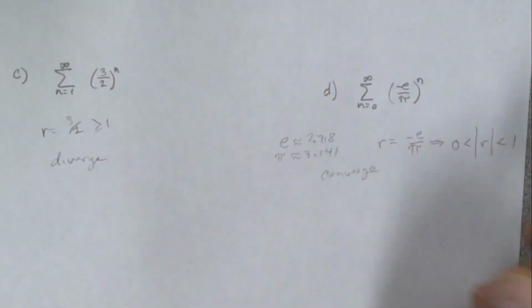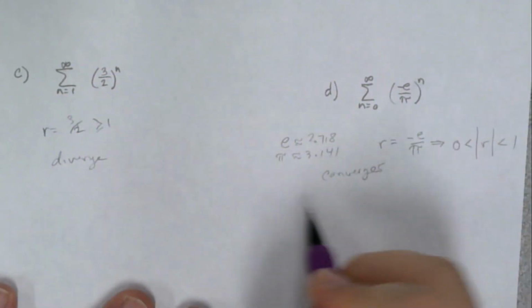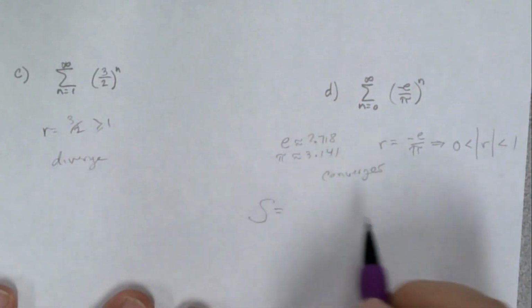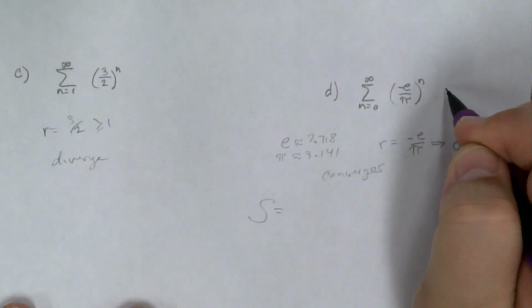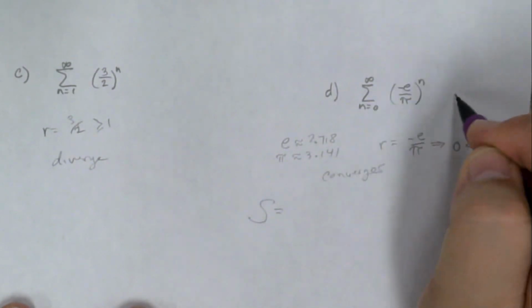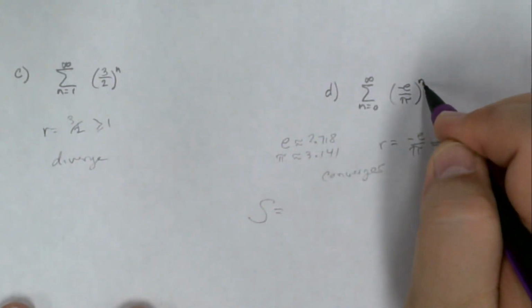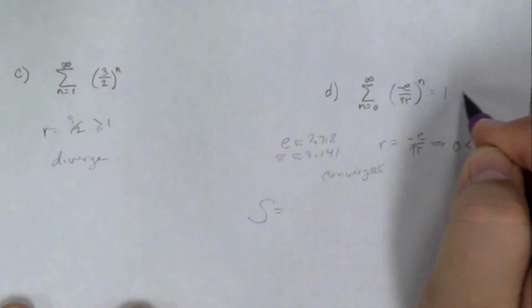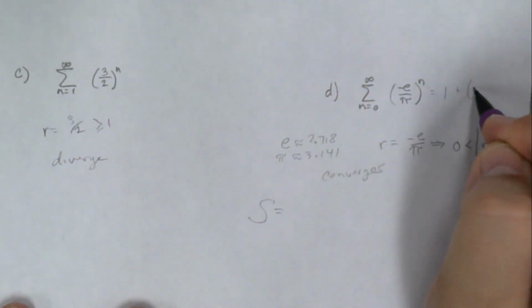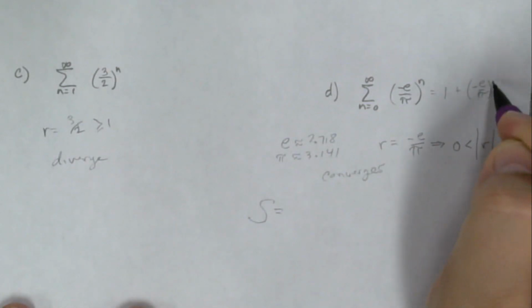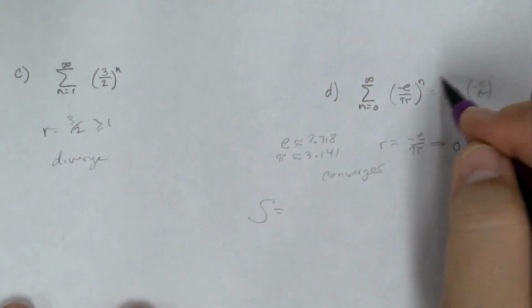And if it converges, then I can find the sum. The sum is the first number in this sequence, so let's take a look at it. Here we have n is 0. So if I plug in 0, anything to the 0 power is 1. Then I plug in 1, I'll get this thing. But I don't care about the next term. I'm just showing you what it does. So my first term is 1.